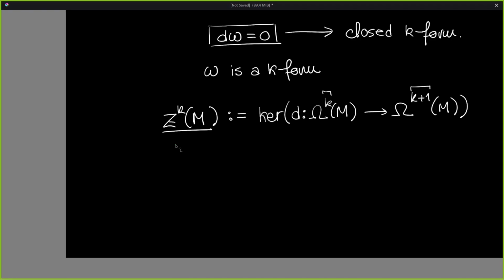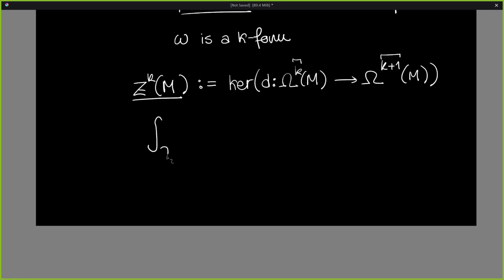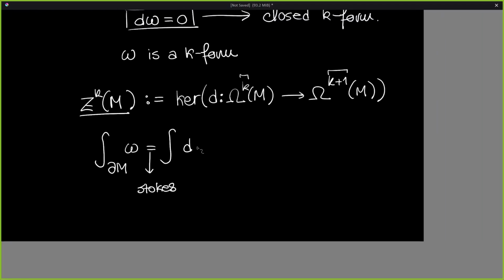The interpretation of closed k forms comes from Stokes' theorem. If I try to evaluate a closed form on a boundary, what happens? Stokes' theorem tells me, so Stokes is helping me out here, that the integral of the form on the boundary is equal to the integral of its exterior derivative on the interior.